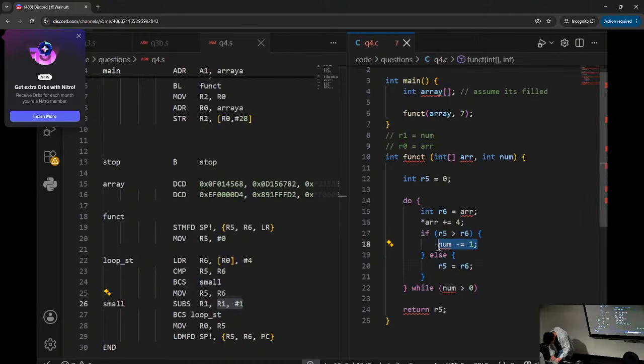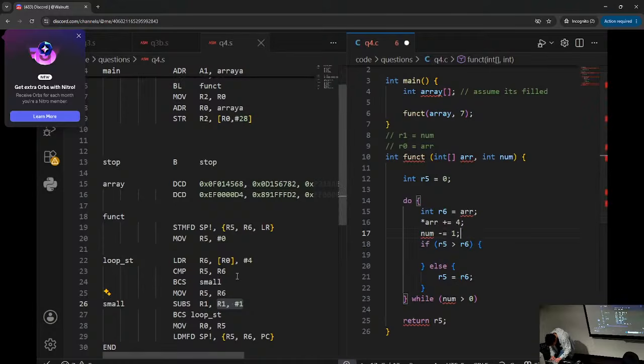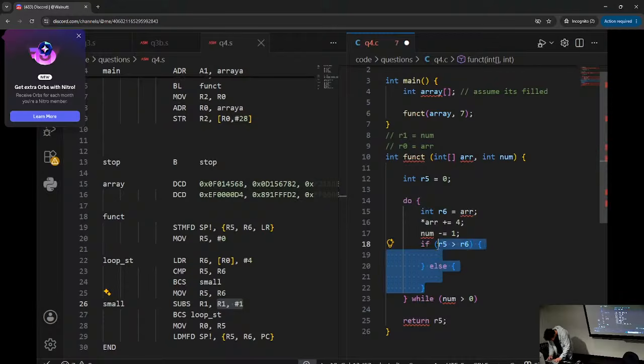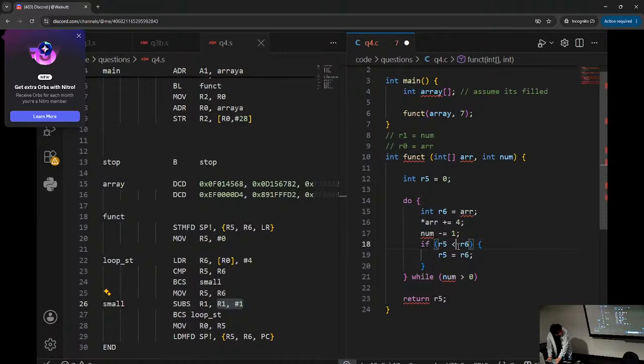No, this should be like this, my bad. I've messed this up. Yep, okay. So this if statement is bit reversed. So let's try move this into like this. Oops. Did I get it the wrong way around? Hold on. Let me take a look at my notes. Yeah. Okay.